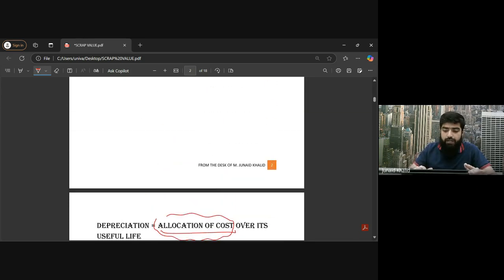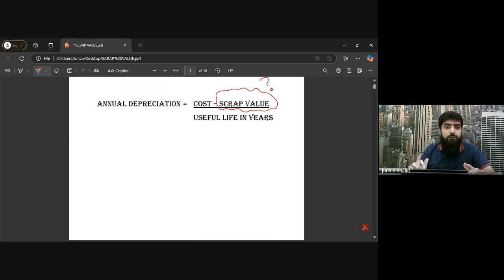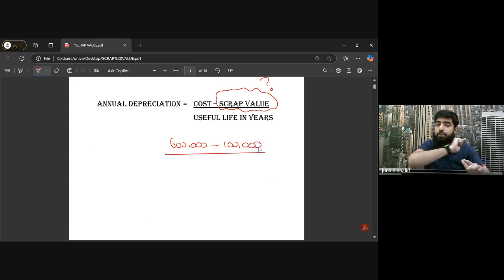So that's why we are deducting the scrap value while calculating the depreciation. I have given you the example that 600,000 is the cost, and we all know that 100,000 will be recovered while selling the asset. So this 100,000 should not be allocated. Why? Because we will be using the 500,000, so let's allocate the 500,000 over the period of 5 years.